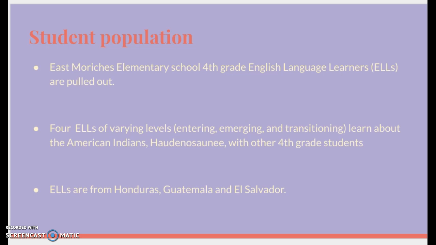One student is emerging, and the others, I would say, are transitioning to intermediate level. They are from Honduras, Guatemala, El Salvador.